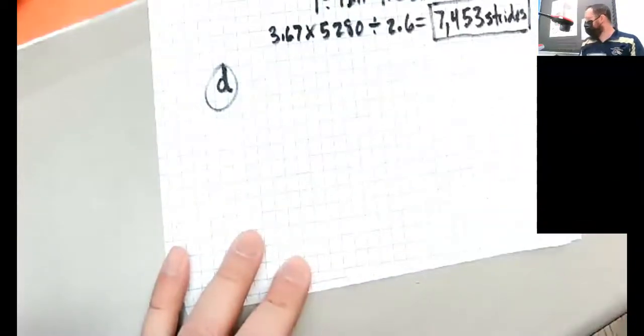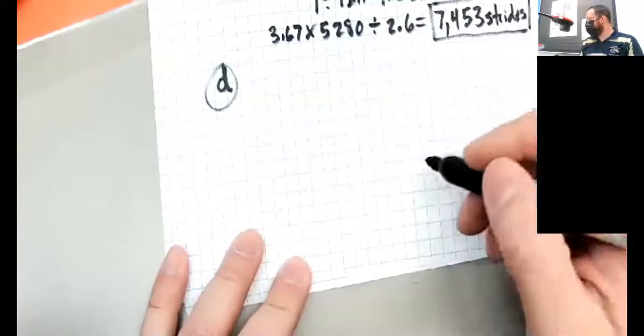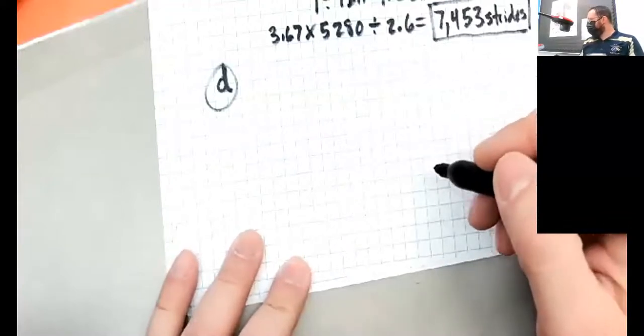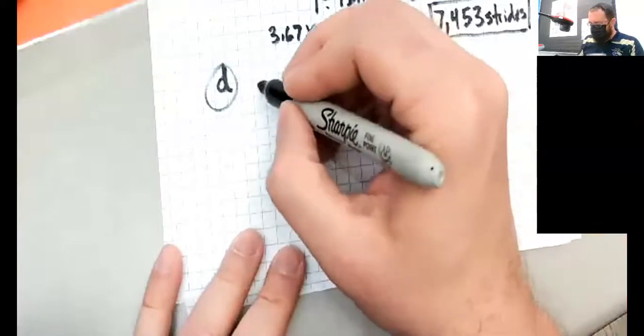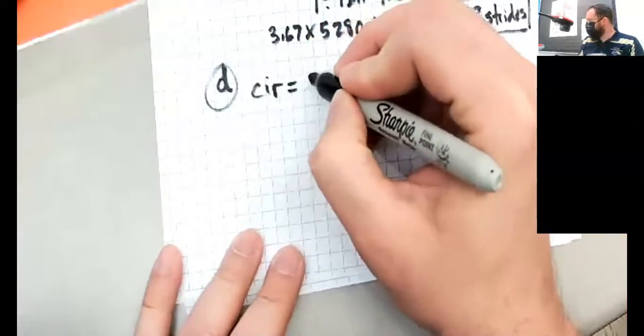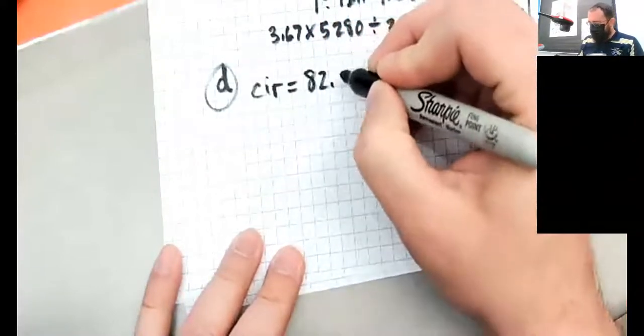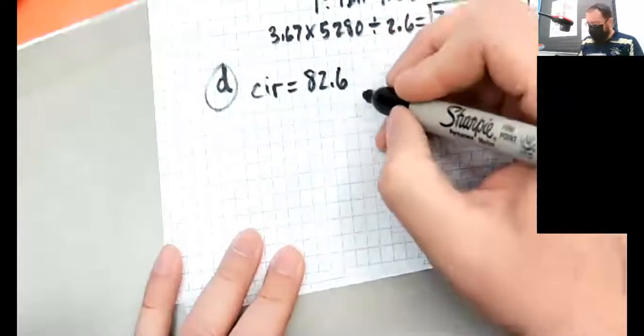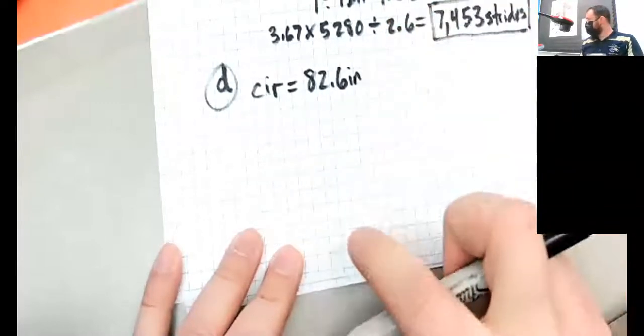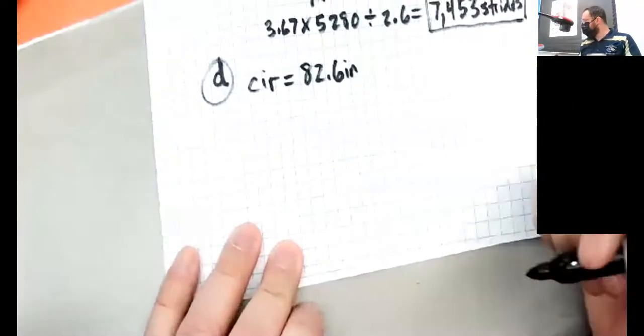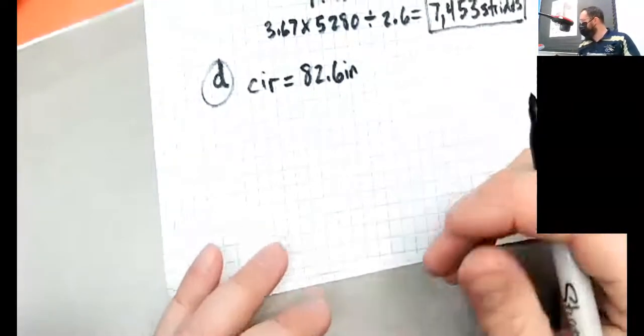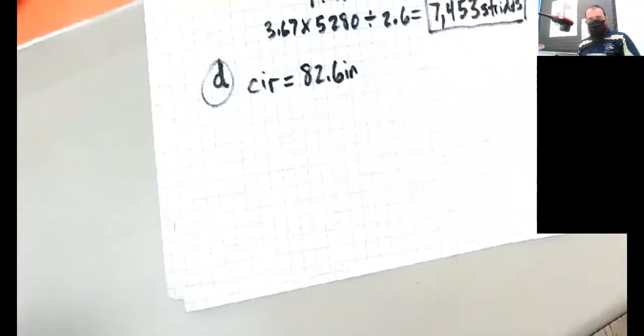So this next one here has multiple conversion steps. If the circumference of each wheel on your bike is 82.6 inches, how many revolutions of a bike wheel will it take to get to your grandparents' house?